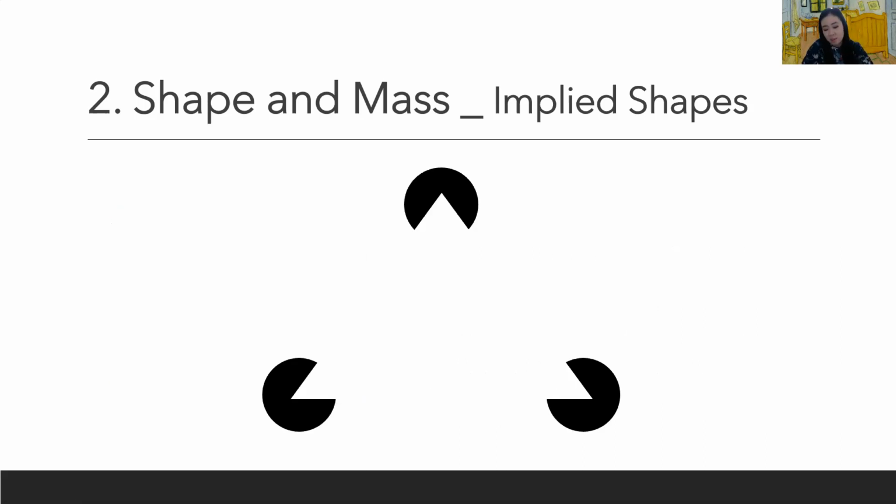Which shape can you see in the center of this image? Triangle. Yes, definitely a triangle. There was no physical triangle shape in this image, but you could recognize it by the psychological connection of the edges. That is called implied shape.